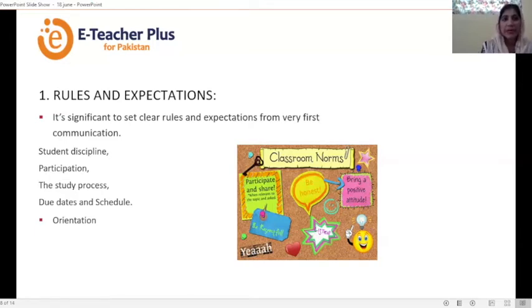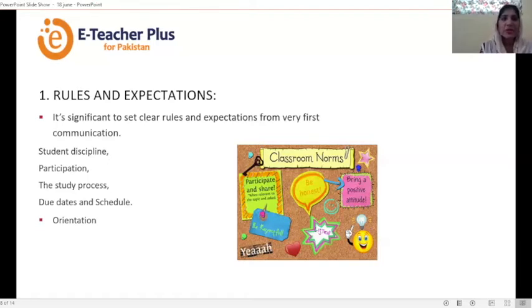Before initiating any online course, students should be informed about the rules and expectations, or a booklet regarding the rules must be provided to the learners. An instructor may take an online quiz in order to check whether they have gone through the rules and norms or not.